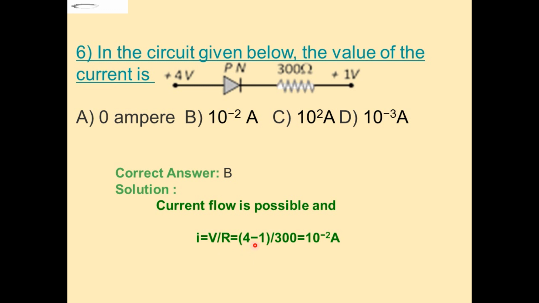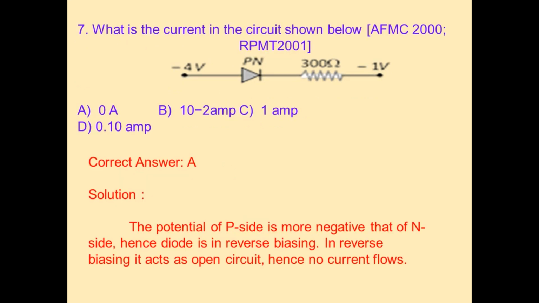Net EMF is potential difference 4 volt minus 1 volt divided by 300. So, 3 by 300, 1 by 100, 10 power minus 2 ampere.